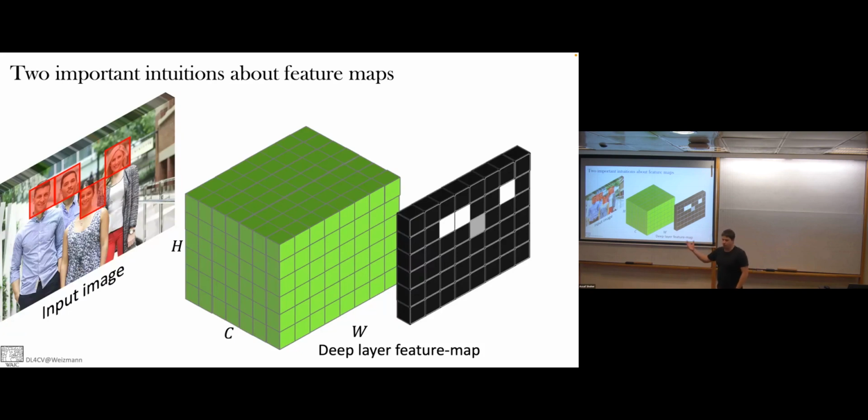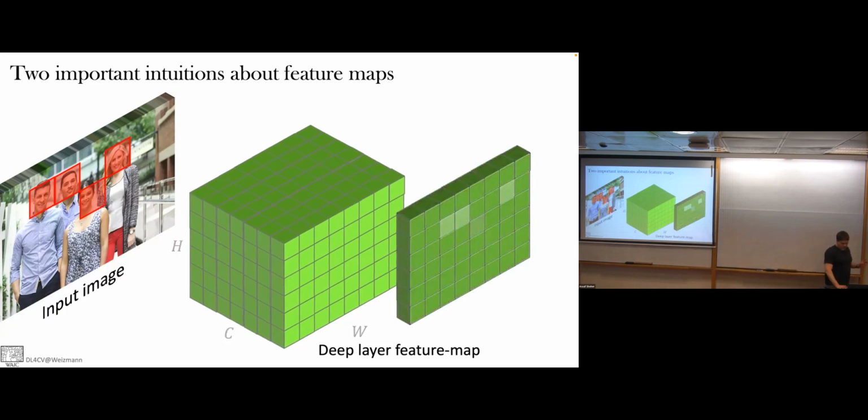Before training and after training, what's different is the weight values. Each one of them is a function that can be written in the same structure of its receptive field, only with different values for those weights. So each value in this channel is a different function of its receptive field than each value here. Okay, makes sense? All right, so this is one intuition.